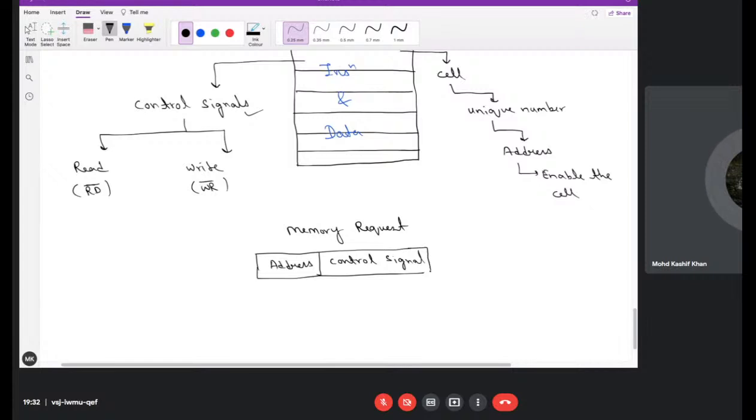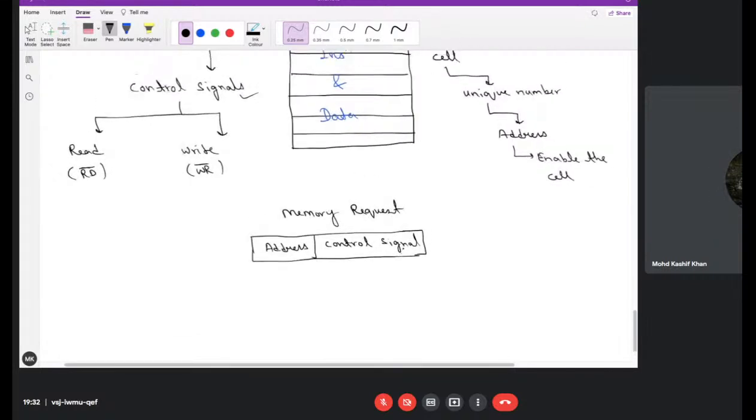So this is the memory request that the CPU will generate to access the program from the memory chip. This address will enable the memory cell so that you can read or write at that location, at that cell.